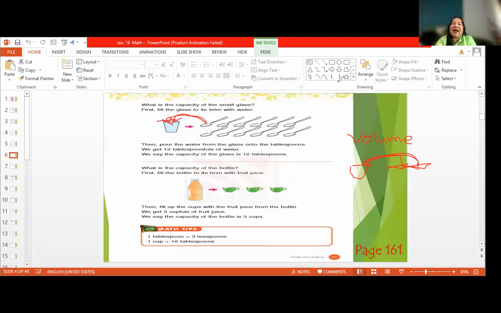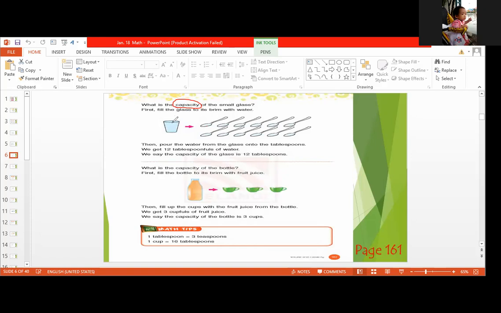So let's count it now. According to the chart, we count capacity by pouring or putting inside. So how many tablespoons can you put inside the glass to fill it with water?